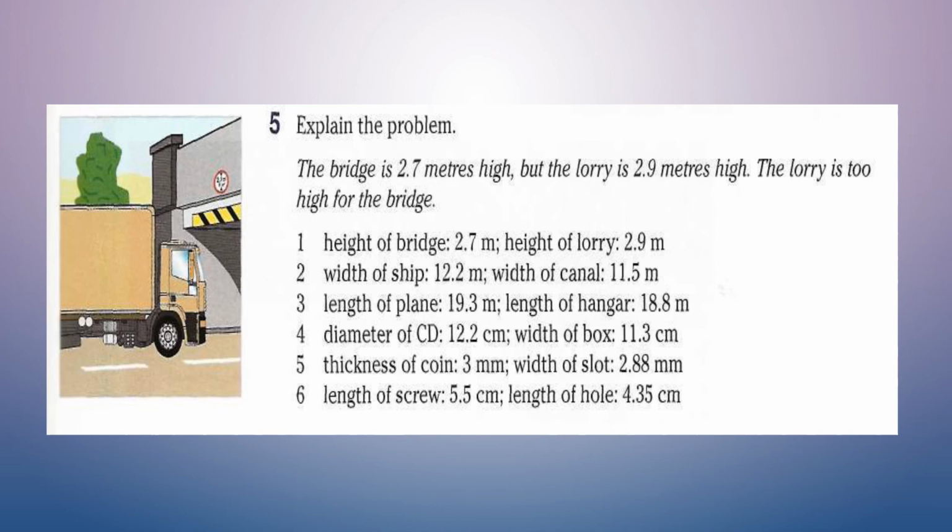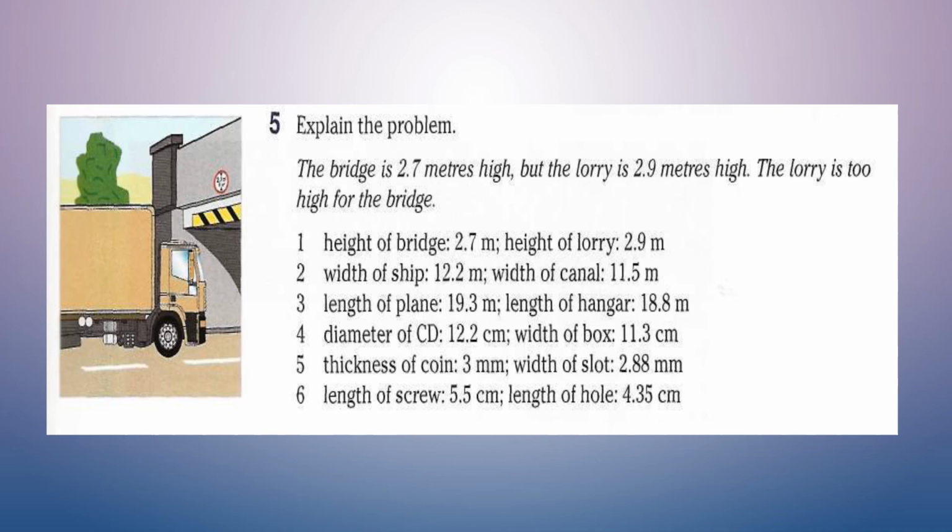3. Length of plane 19.3 meters. Length of hangar is 18.8. The plane is bigger. Diameter of CD 12.2 centimeters. Width of the box is 11.3. The CD is bigger. Thickness of coin 3 millimeters. Width of slot is 2.88 millimeters.